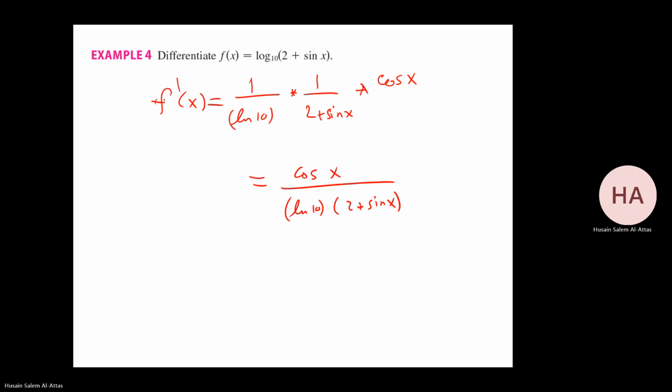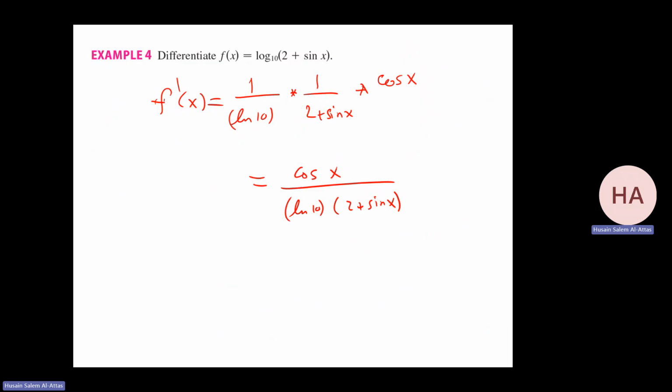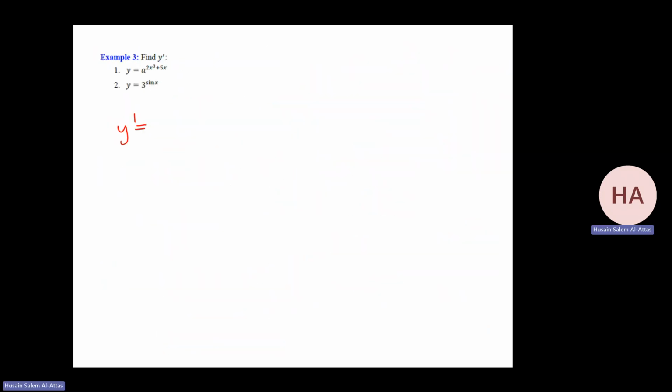Yeah. Now with the exponential, what will be y prime? Let us remember the formulas. a to the power u: the derivative will be ln a times a to the power u times the derivative of u. So this is u. So that will be ln a times a to the power u times the derivative of this, which is 6x squared plus 5.